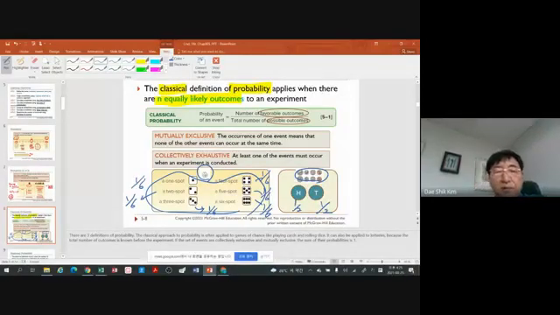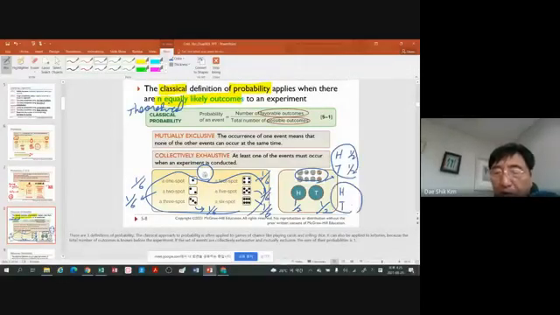Okay? So classical means theoretical, based on theory. For example, toss a coin, head and tail will appear half and half. That's the theory. Try it if you have any coin.